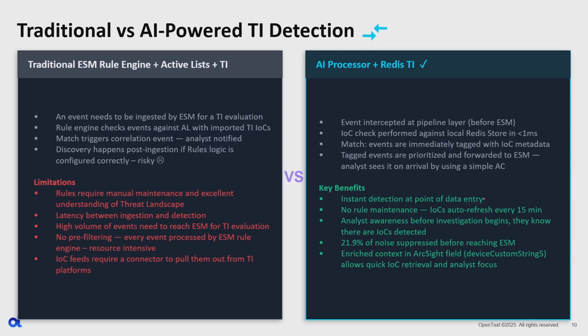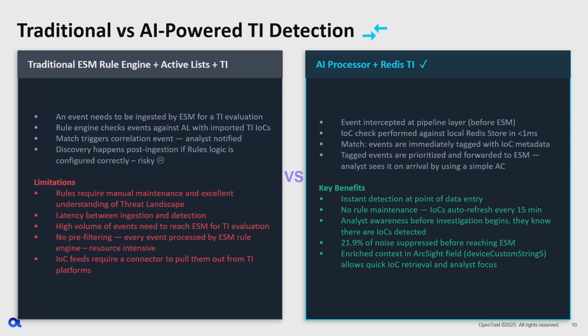A quick comparison, the traditional approach. Events flow into ESM first, then the rule engine evaluates them. Threat intelligence matching happens at correlation time inside ESM. Rules must be manually written and maintained. This is something that we know very well.